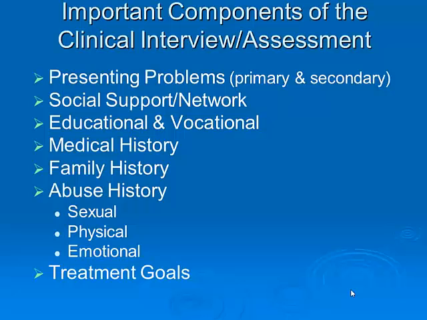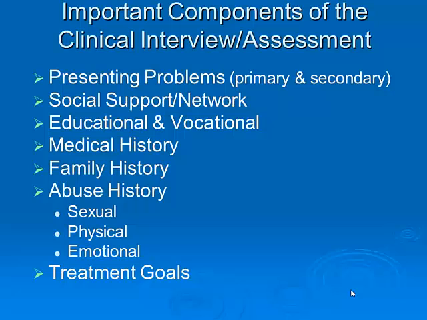This question allows the client to discuss various kinds of issues that are bringing them to therapy. It might be marital, it might be the loss of a job, it might be substance abuse problems, but there are both primary and secondary issues that are the presenting problem.